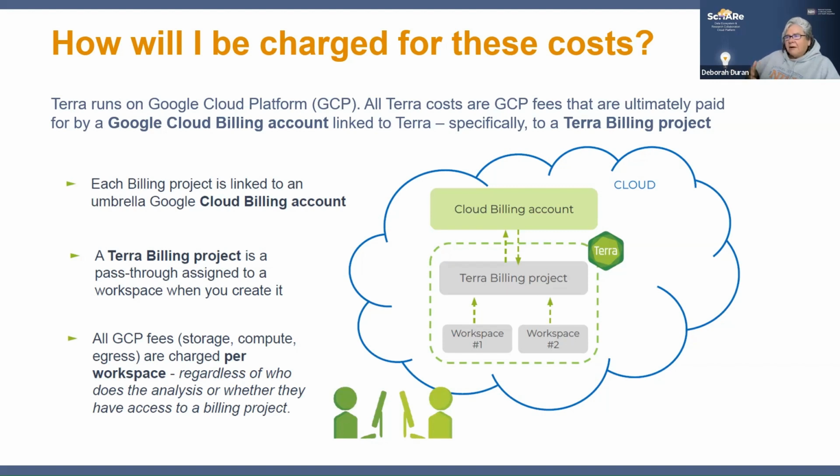It's only that Terra is an interface, so it's just one of those technical issues. You only have to set up both billing accounts, but you're only charged one time. It's not twice.